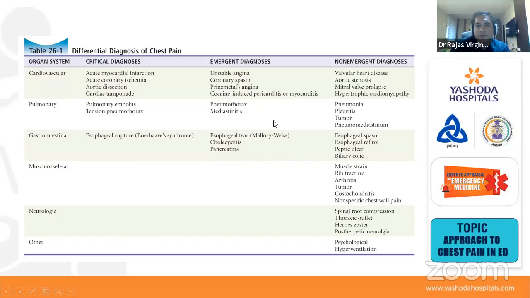Whereas these are all your non-emergent diagnoses, which can be deferred in terms of management. But priority-wise, always think of your critical diagnoses, and the patient will also need treatment for emergent diagnoses as well.